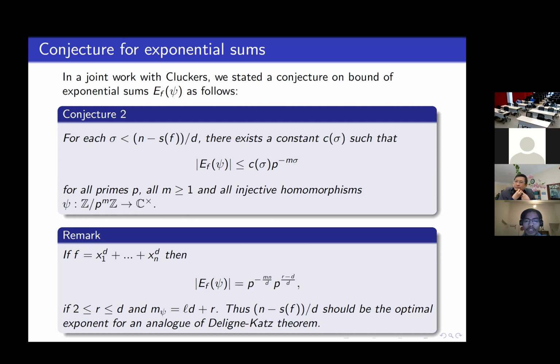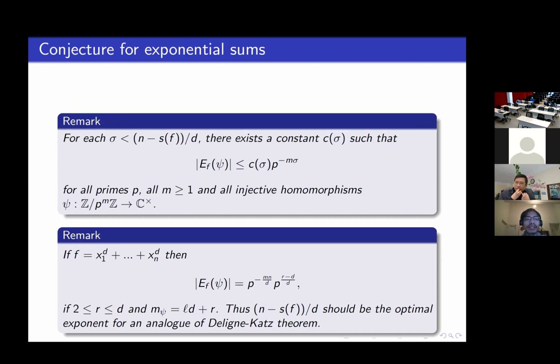This example shows that the exponent n over d should be the optimal exponent for an analog of Lorentz theorem, if this analog is true.